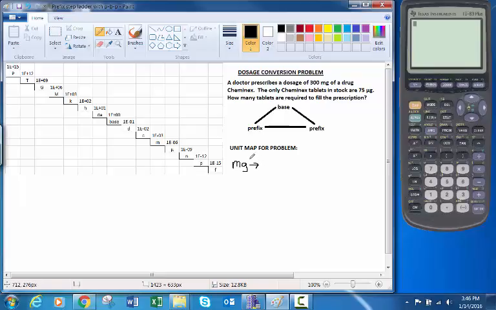Even if we don't know anything else, we recognize that the unit milligram is a prefix, so we can change this prefix unit into a base unit, gram. Our problem states that we have tablets in the form of micrograms, so we can change our grams into micrograms.